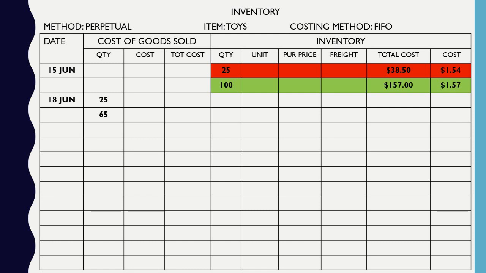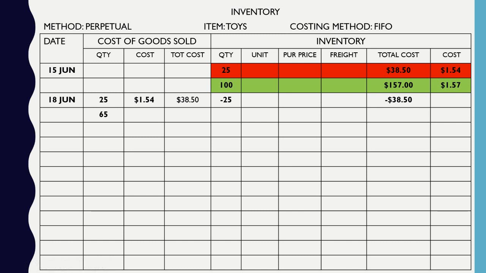So for my first batch, the red batch, I'm going to take my cost per item, which is $1.54, which we already know is a remainder of $38.50, and get rid of that. Now I don't have my red batch anymore.